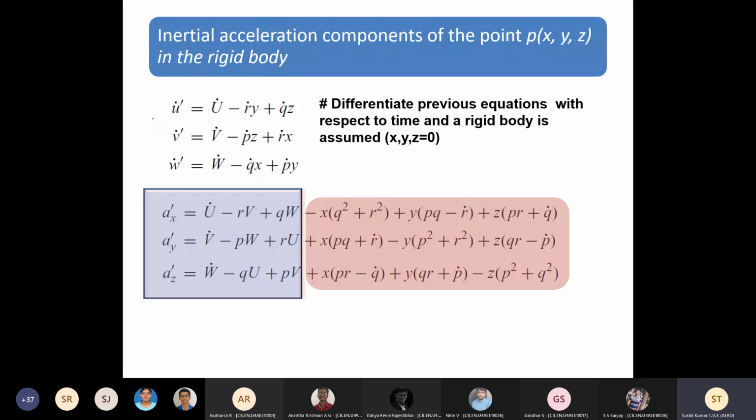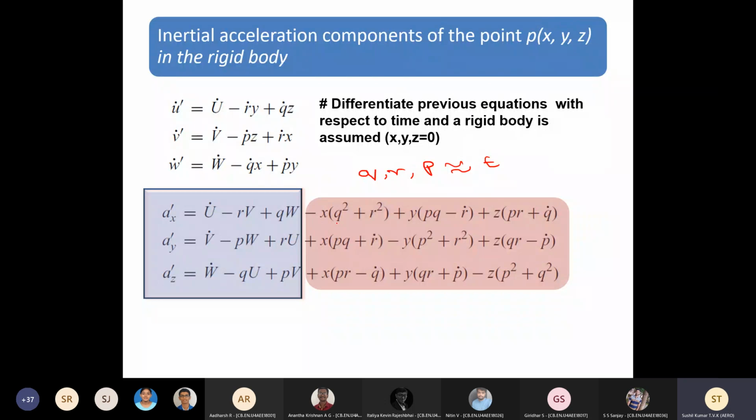Okay, so now if you are taking the acceleration, all you have to do is get these components. Now, if you do all this differentiation, finally you will end up with a very large equation. But if you assume that Q, R, and P are very, very small quantities, look closely at these terms.